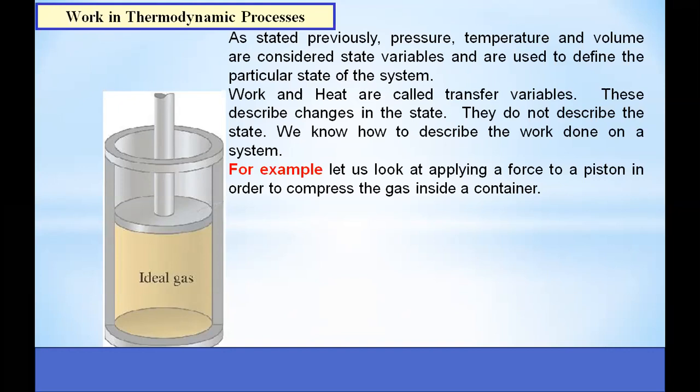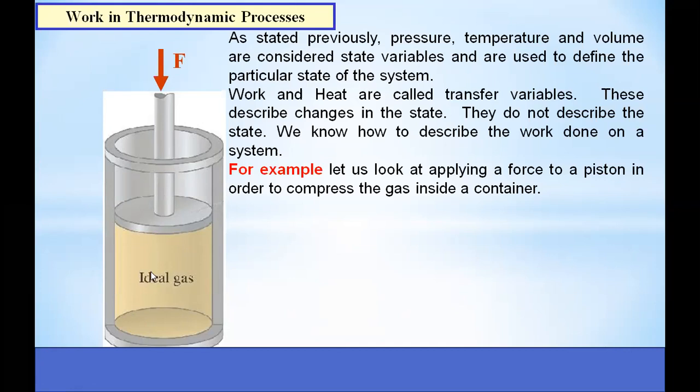For example, let us look at applying force to a piston in order to compress the gas inside a container. Then we have this ideal gas, a container, and also a piston. So if we apply force, what happens?